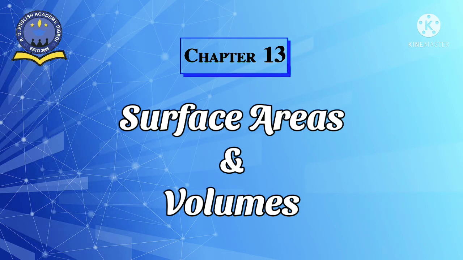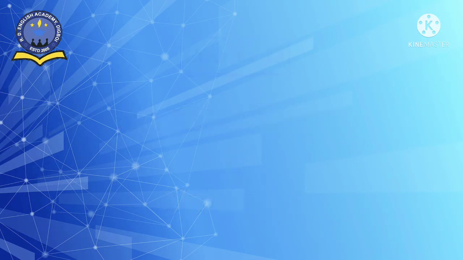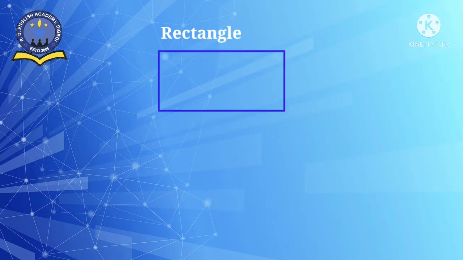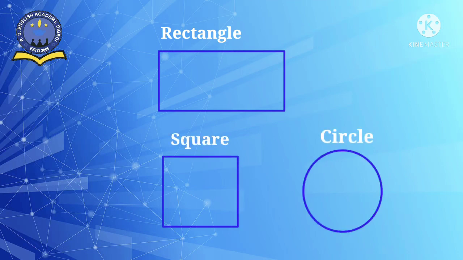These plane figures are rectangles, squares, circles, and easily we can find out the area as well as perimeter of rectangles, squares and circles, isn't it? So these are the two-dimensional diagrams. Now in this chapter we deal with some three-dimensional diagrams. Is it clear?